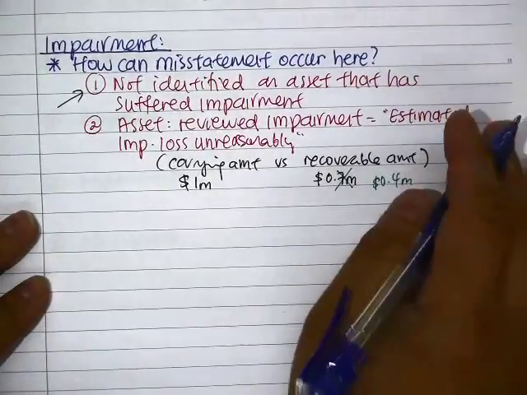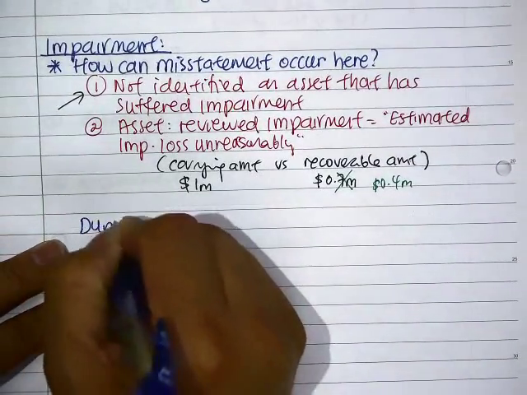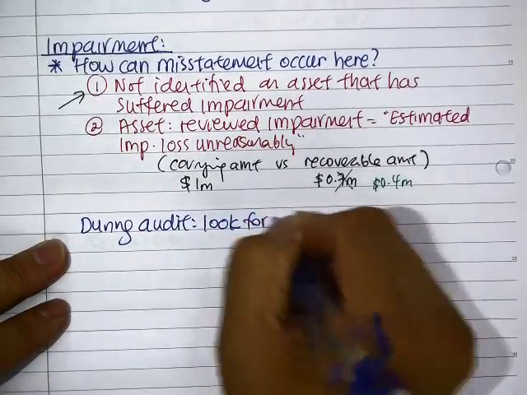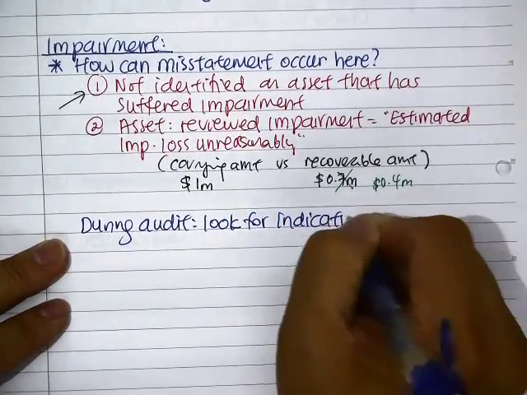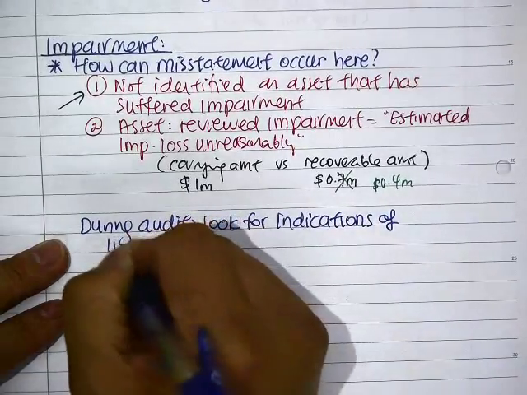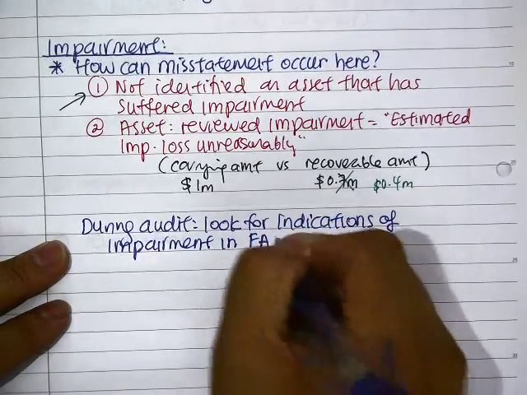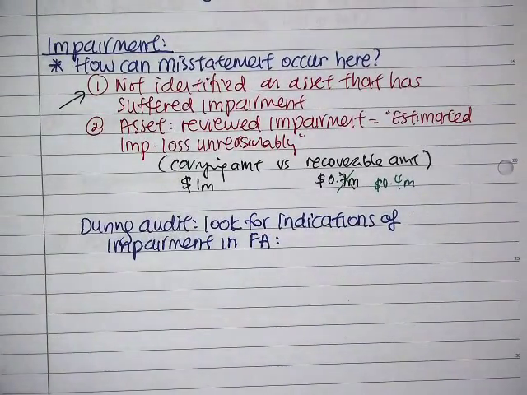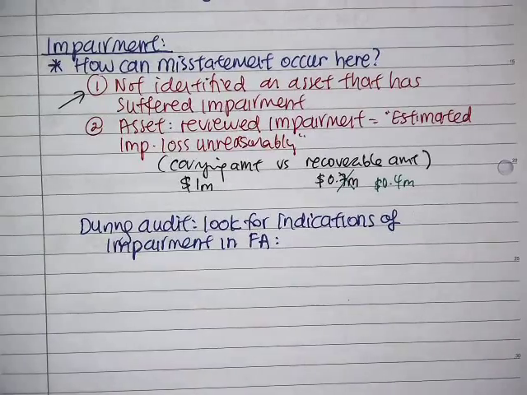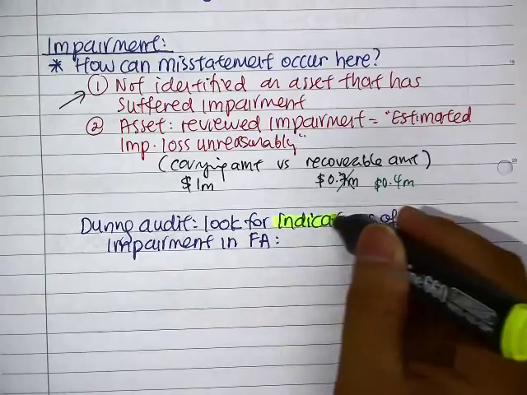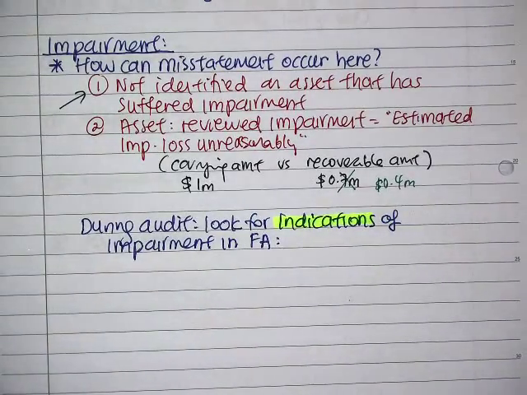So during the audit, you just look for indications of impairment in your fixed asset. Because this is exactly what the accounting standard teaches, that only when you come across indications of impairment, then you review impairment in that asset.